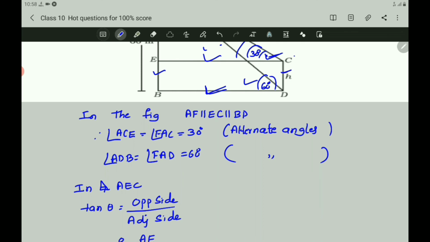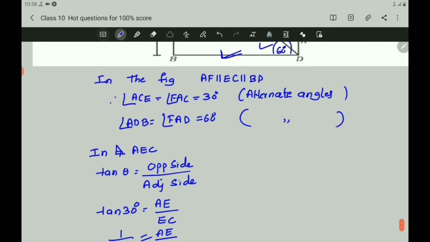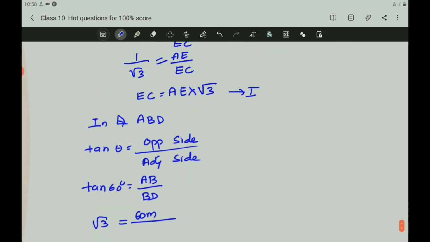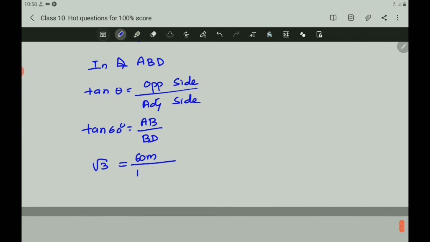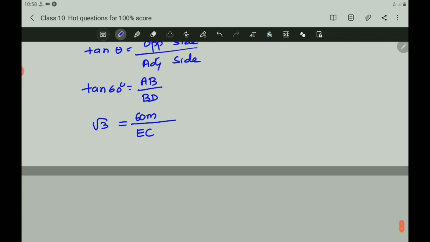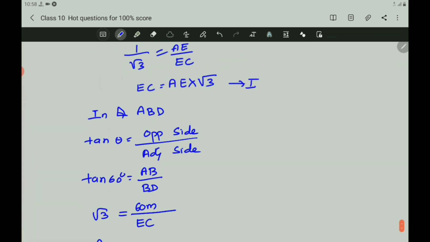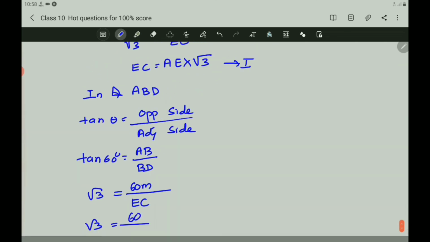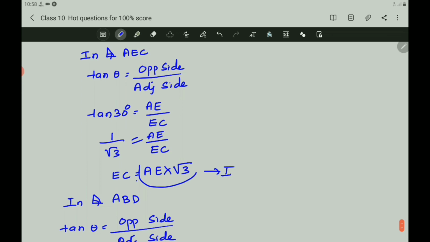So in the place of BD you write EC. So you write root 3 equals 60 by EC.